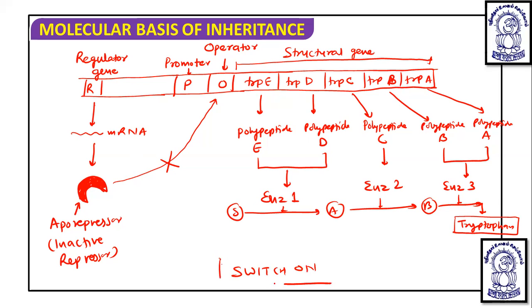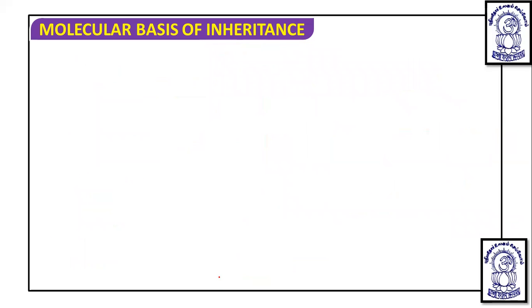Now, how does this become switched off? When tryptophan binds with the aporepressor, the aporepressor becomes active. When the aporepressor becomes active, it will inhibit the synthesis of these polypeptides. This can be shown in a diagram.